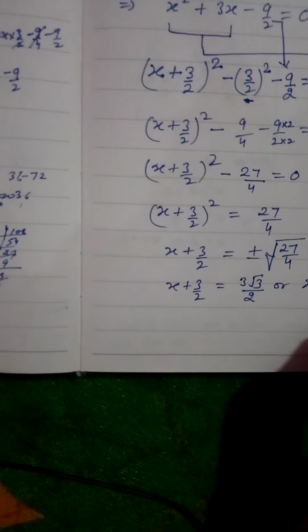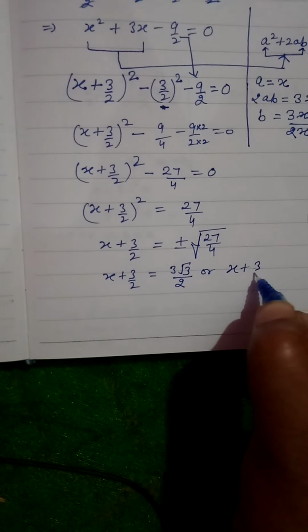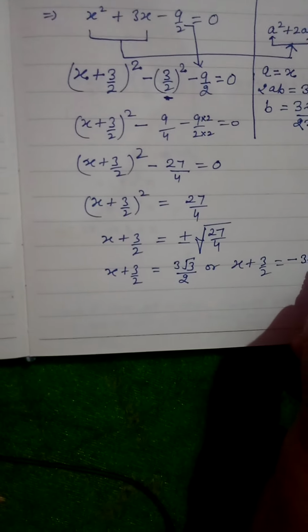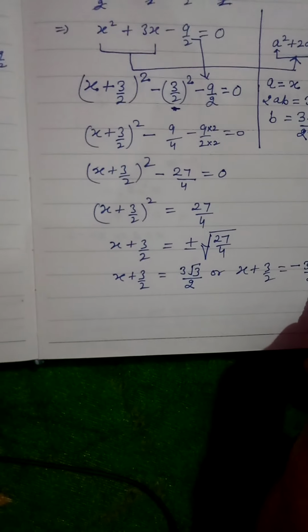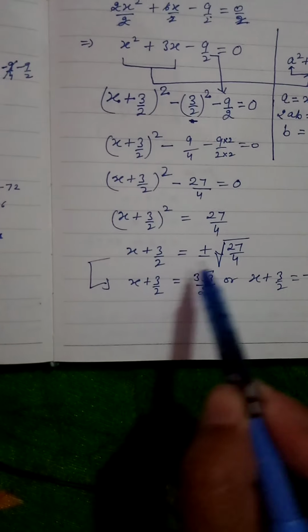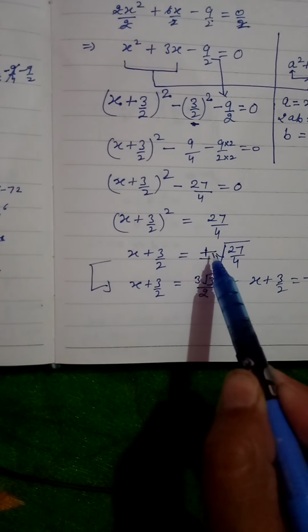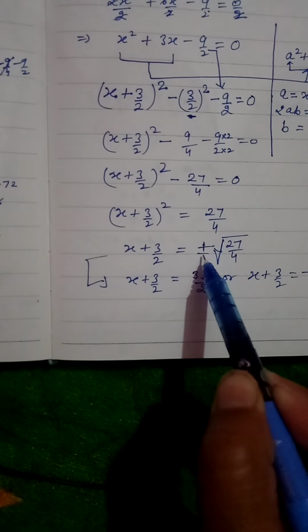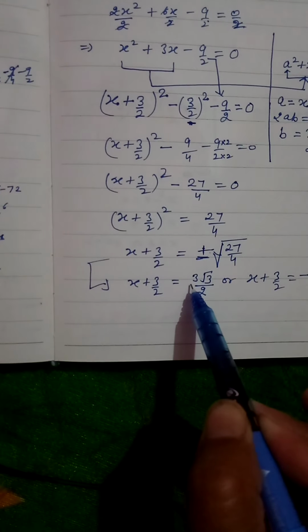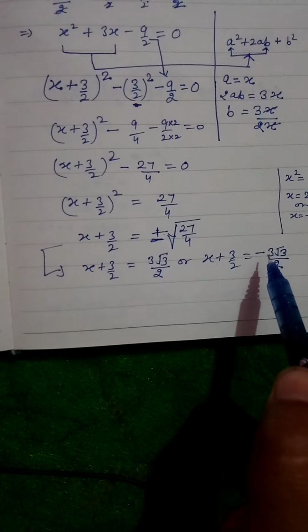So x plus 3 by 2 is equal to minus 3 root 3 over 2. So what I did here, after this I have two values, plus and also with the minus sign. One time I took positive and one time I took negative.